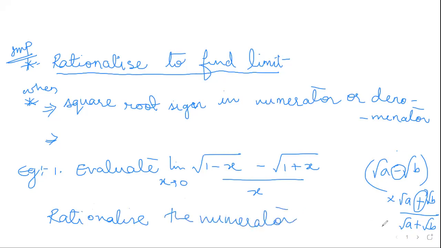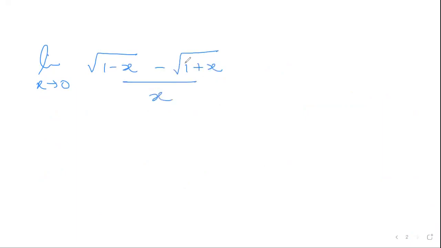So what do we do over here when we rationalize the numerator? Limit x tending to 0, it's 1 minus x, 1 plus x. Again, you can compare this. Probably this is like a, and this is square root of a, square root of b, as I mentioned just now.